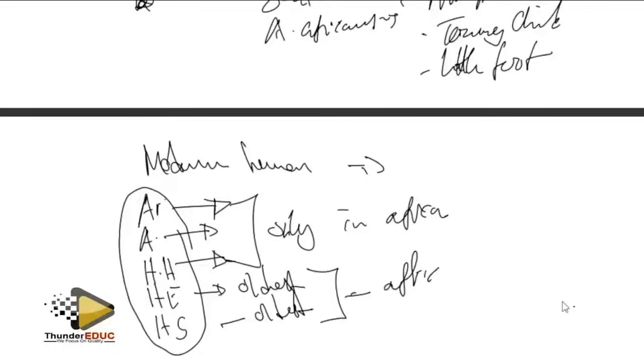I repeat: the fossils of Ardipithecus, Australopithecus, and Homo habilis were only discovered in Africa. Only in Africa. For the fossils of Homo erectus and Homo sapiens, the oldest fossils were discovered in Africa. That's how you're supposed to write the answer.